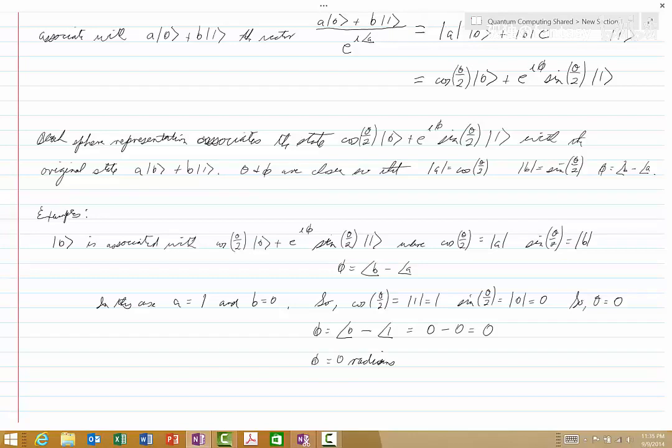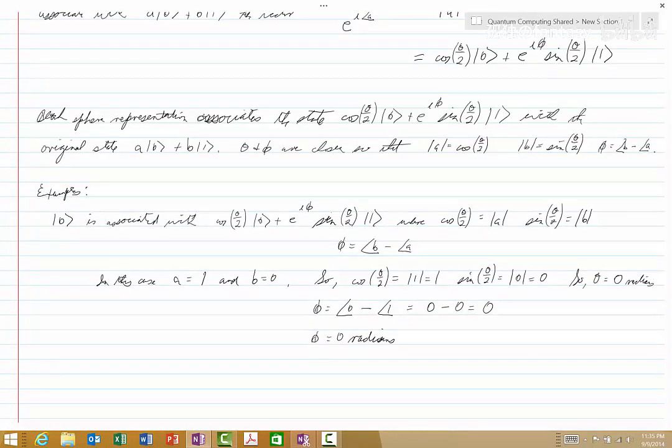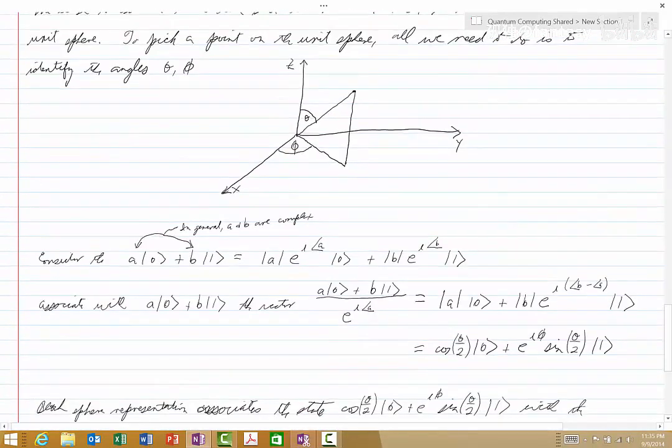So theta is 0 radians, and phi is 0 radians. And so if we're looking for the point on the Bloch sphere, theta equals 0 means we're along the z-axis. Phi equals 0 really doesn't enter in here, so we're at the point on the unit sphere, the point 0, 0, 1.